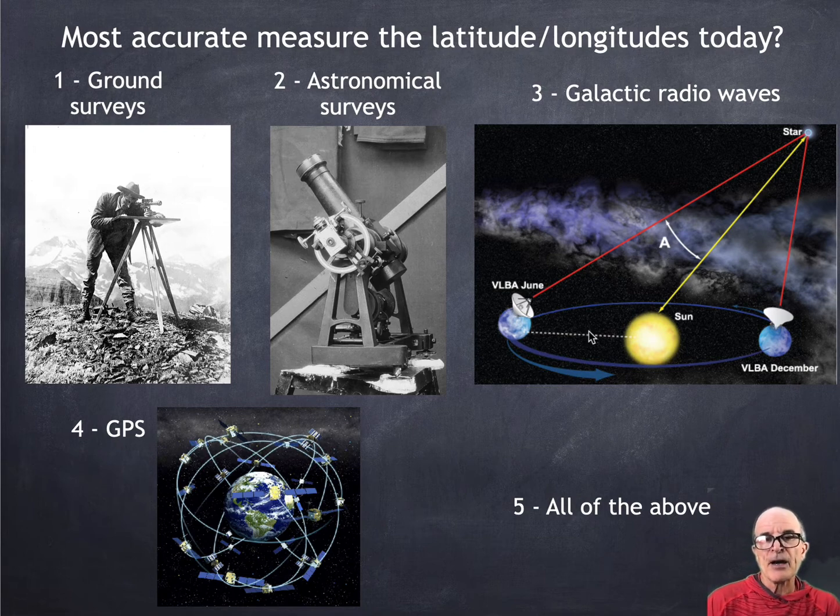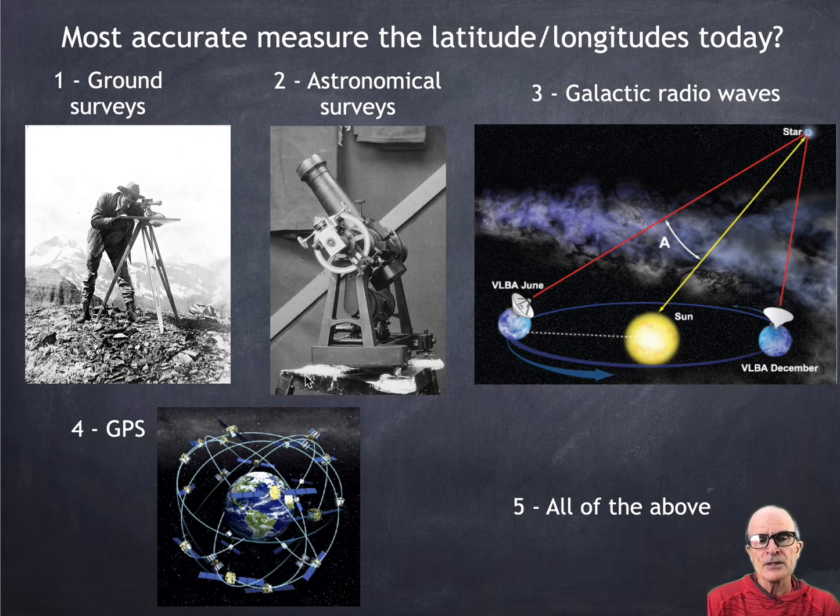So this is by far the most accurate, but it's so expensive we only have it in a few places. We use astronomical surveys and GPS, and we used to use ground surveys to extend those really accurate measurements. So this new technology allows us to locate things very effectively.